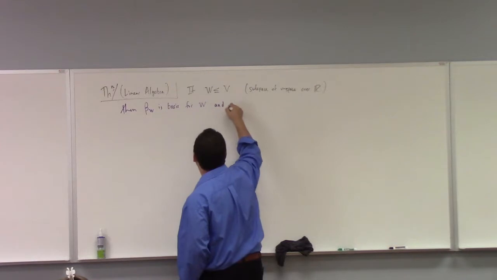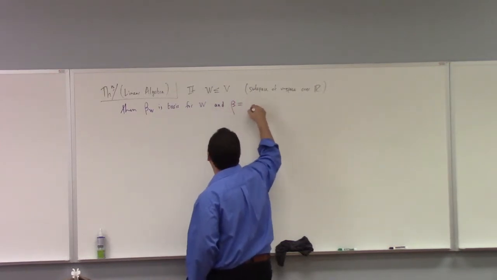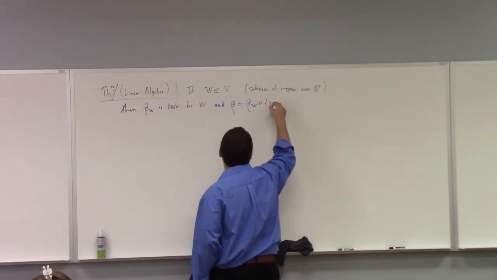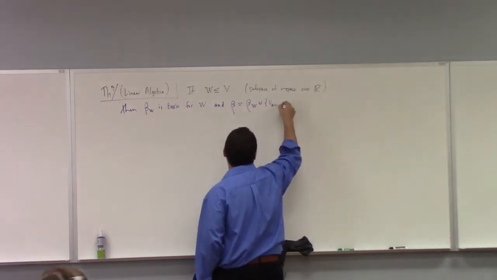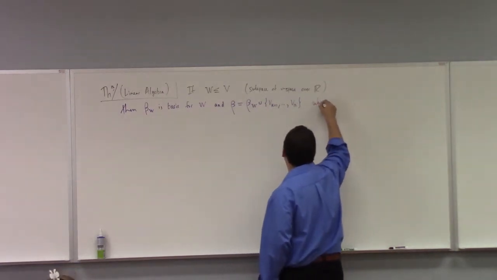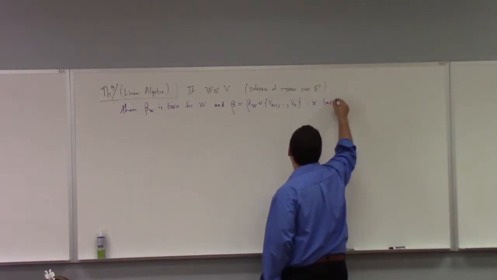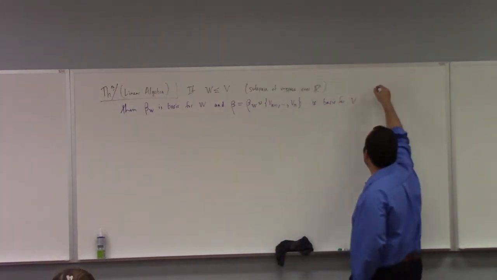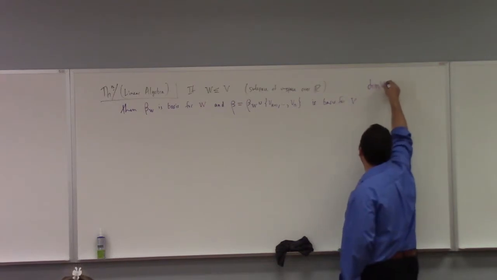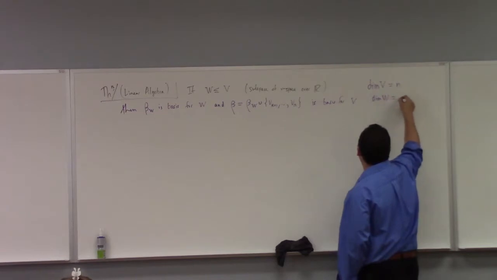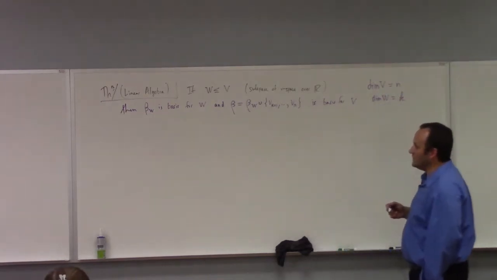And beta is beta W unioned with, let's say, v sub k plus 1 up to v n, is a basis for V. Here I'm supposing the dimension of V is n and the dimension of W is k for the sake of discussion.